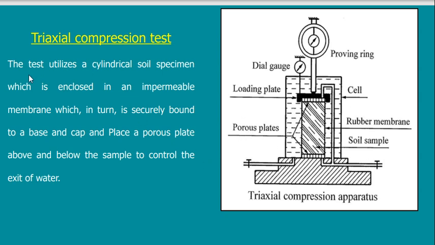So in a triaxial test, the test utilizes a cylindrical soil specimen. By the way, it should be called a specimen, because we are conducting a test now. The specimen is enclosed in an impermeable membrane, which in turn is securely bound to a base and cap, and porous plates are placed above and below the sample to control the exit of water.